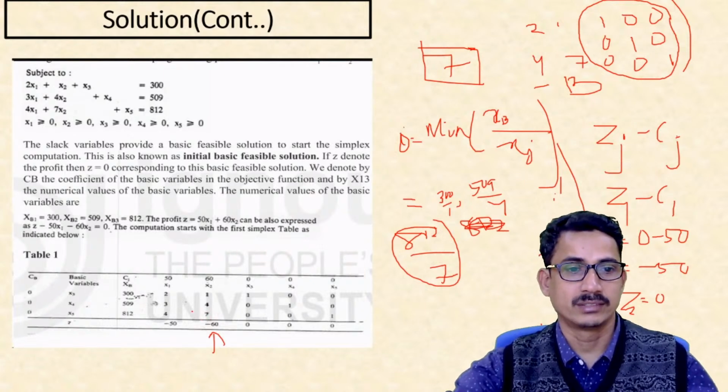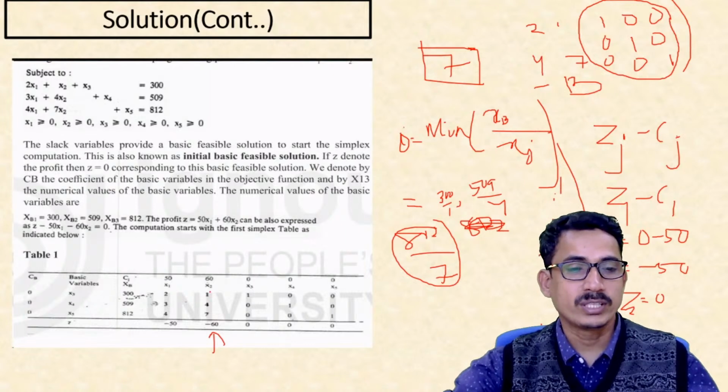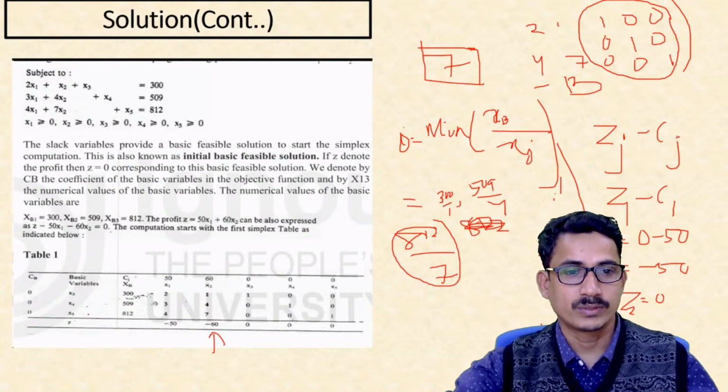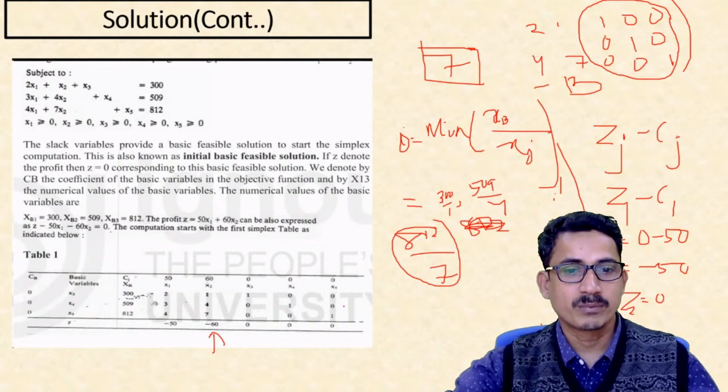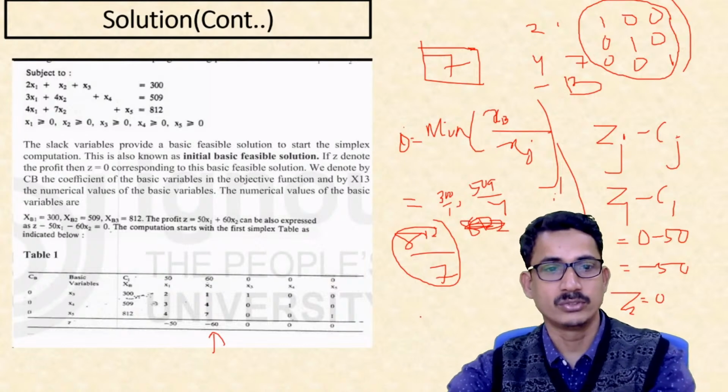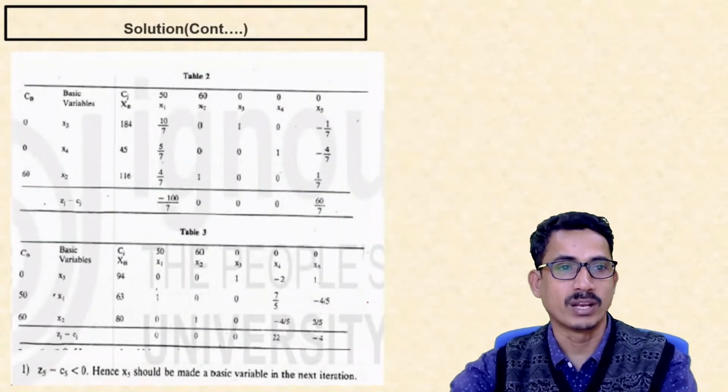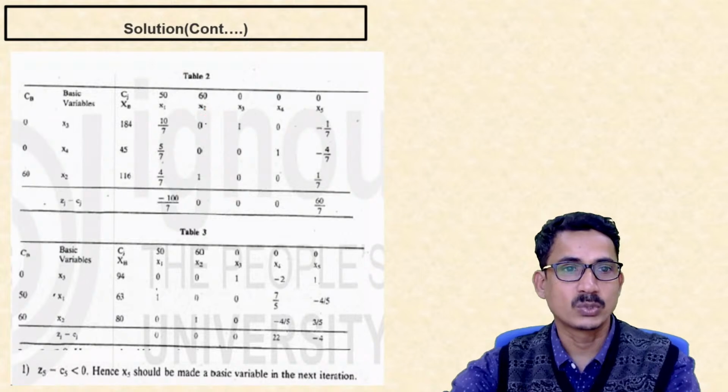Now x2 is in, x5 is out. Now x5's place was what? 001. So this position's values will be carried by x2 in the next table. Check, x2 will be 001. And this x2 column is 001.